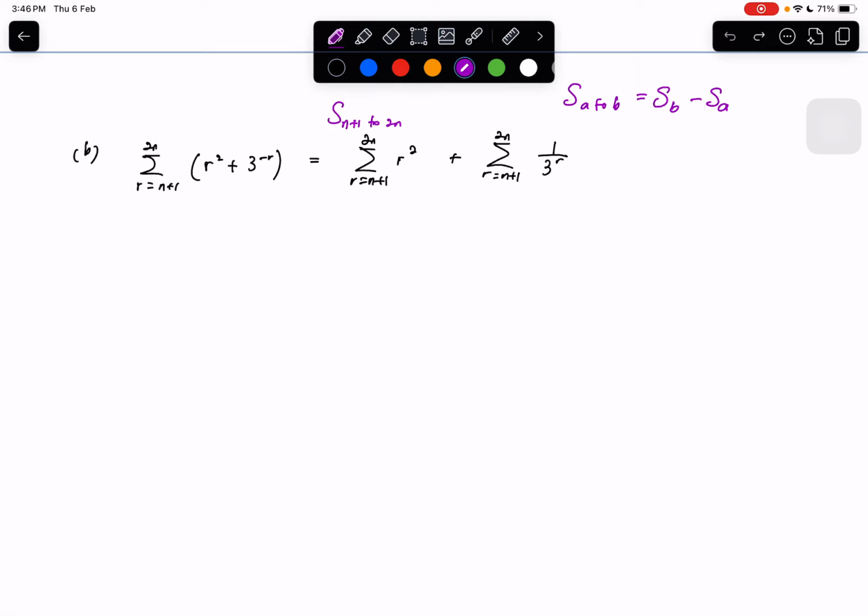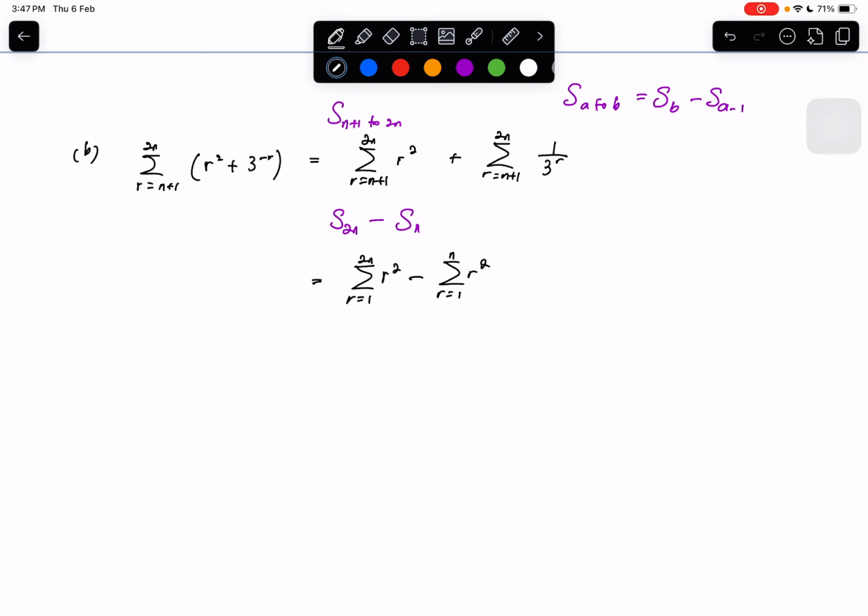We have seen this kind of thing in AP, GP. So over here, it will be the sum up to 2n minus the sum up to n plus 1 minus 1, so the sum up to n. So it is the sum of r from 1 to 2n of r squared minus the sum of r from 1 to n of r squared. Okay, so this is the first one.